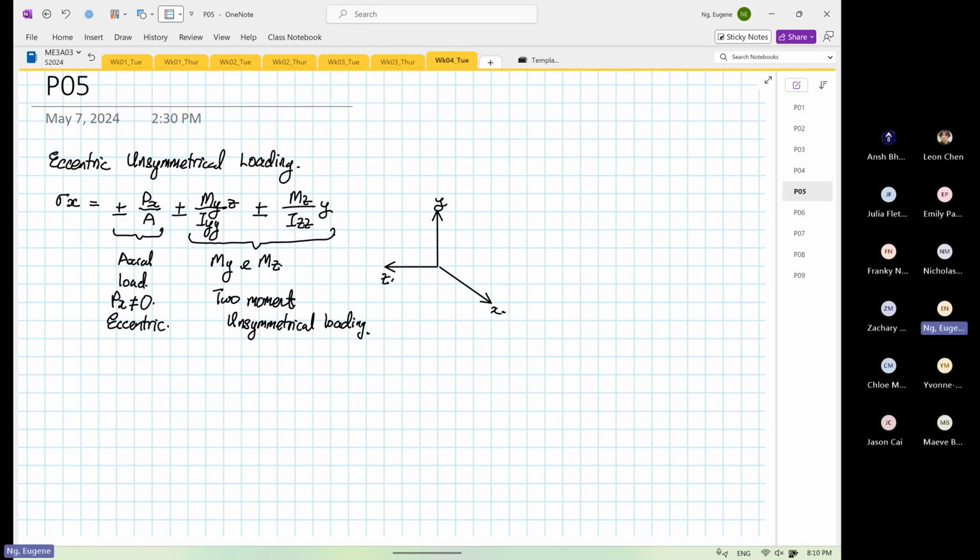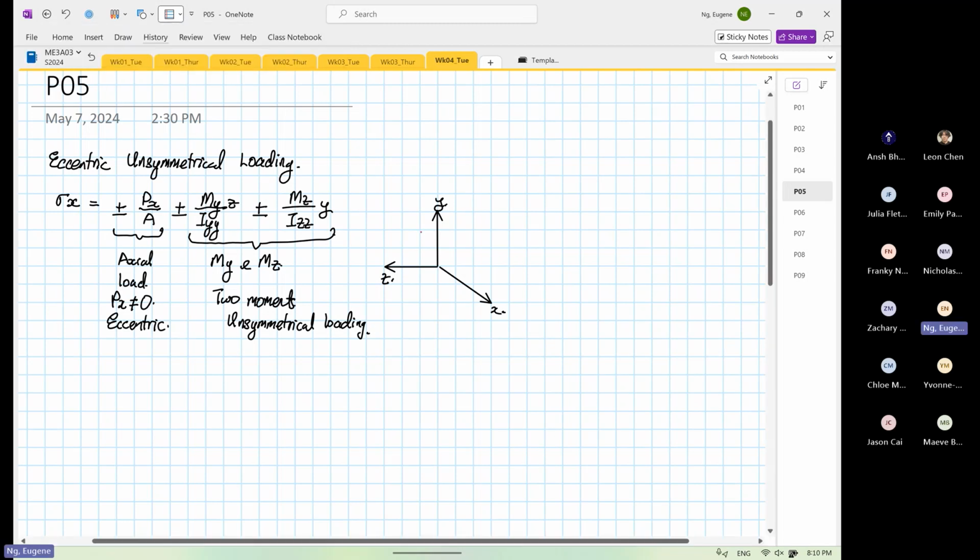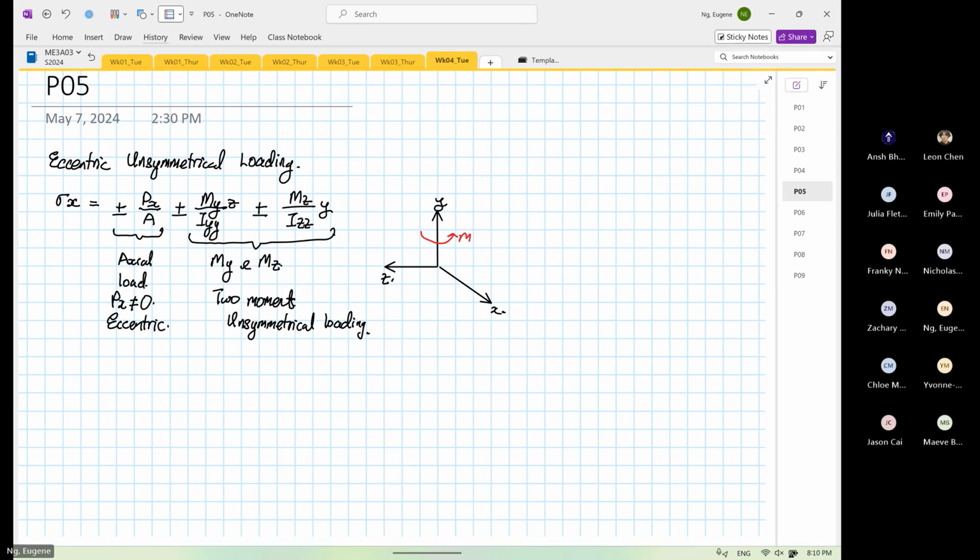From what we can see from these equations, based on loading, this is just an example, we have moment about y, you have moment about z, and then you have axial load Px in this direction.